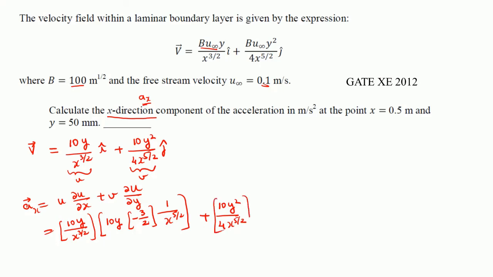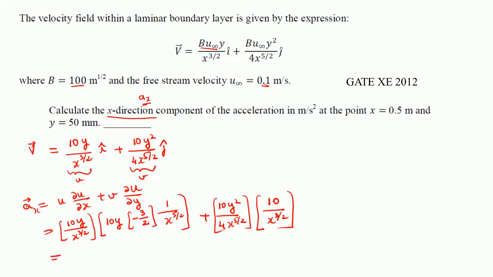And what is dou u by dou y? When you say dou u by dou y, the same thing we have to take, that would become equal to 10 divided by x raised to 3 by 2. Fine. This is not the total acceleration, this is the acceleration in the x direction.